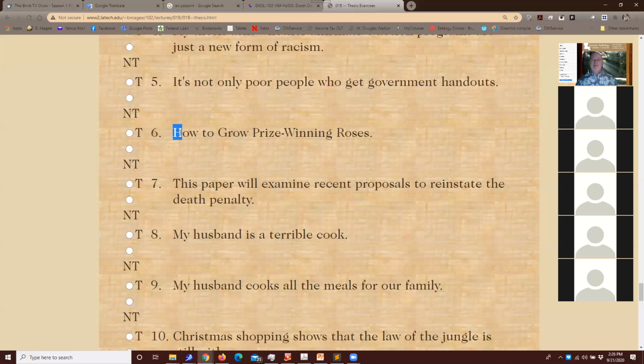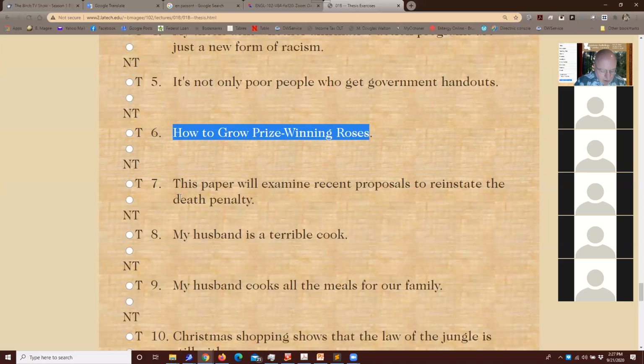Or as the kids like to say on the interwebs today, you won't believe how easy it is to grow prize-winning roses. 5 bullet points and 25 advertisements between them. So anyway, this is a title. So it's not a complete sentence and it's got the caps. Does that make sense now? Yes, I gotcha. Great.